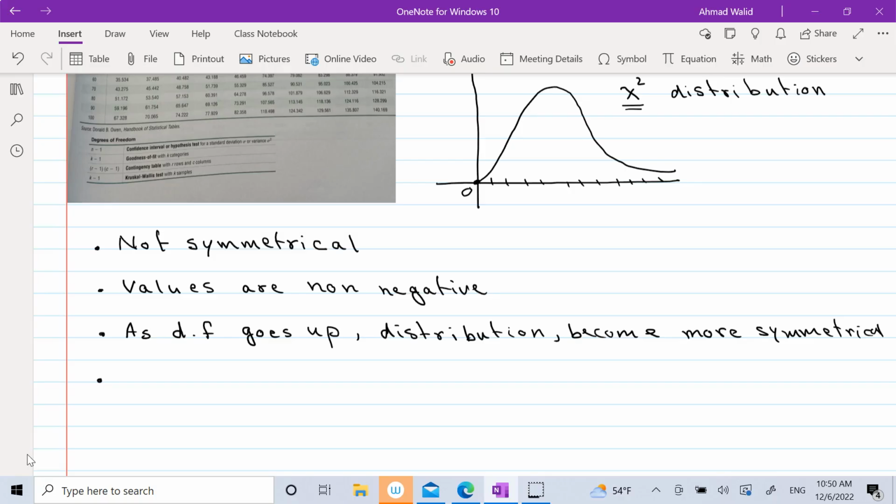Correct? Last point that I want to raise here with you. Your graph always gives the critical values for area to the right.